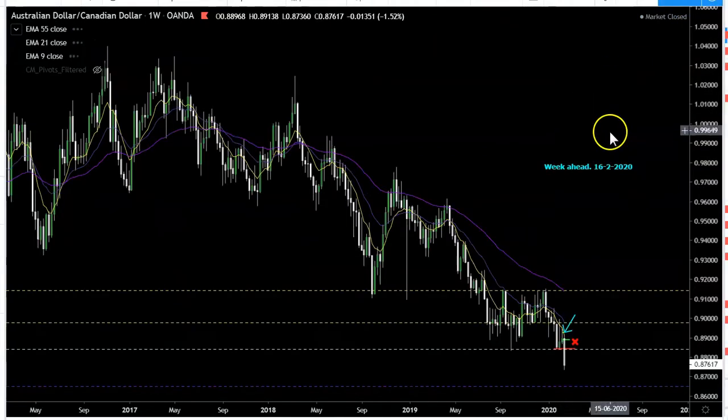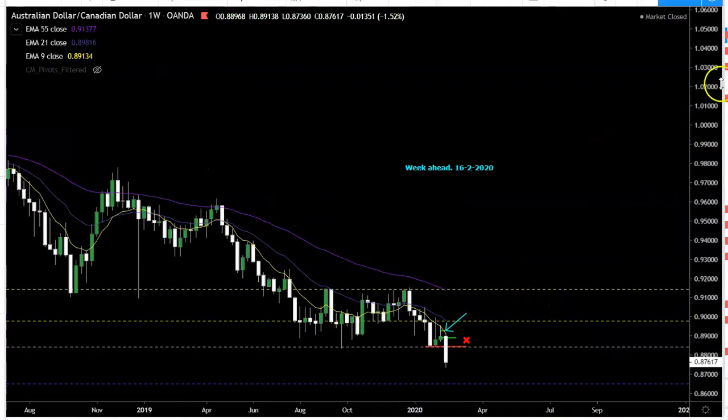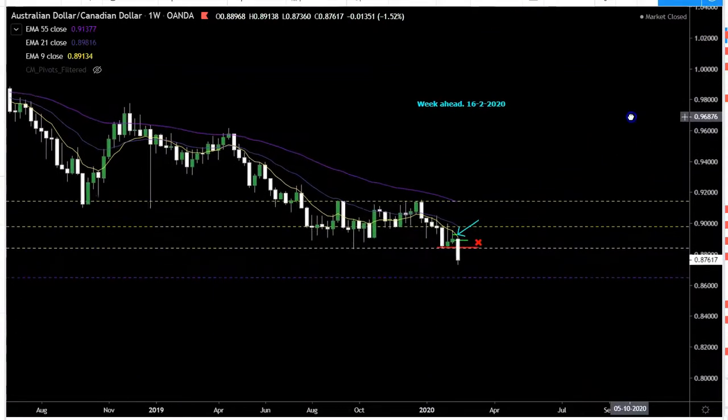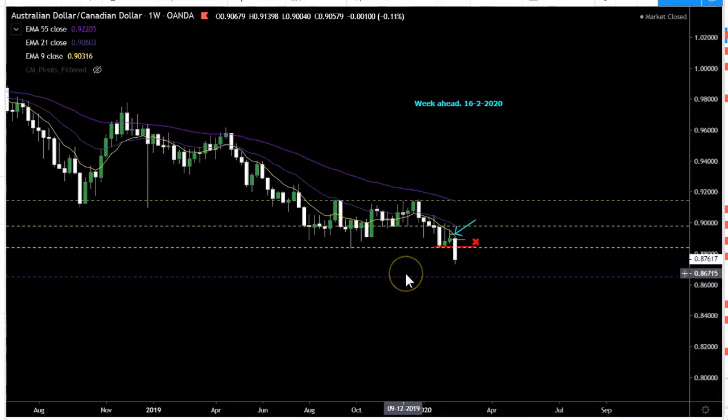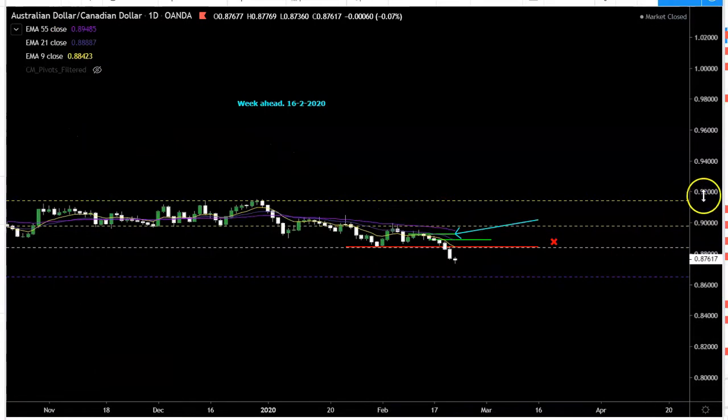We had an interesting week last week, and I want to start with the Aussie pairs. We'll start from the Aussies and go right through. Last week we talked about whether this was going to be a bottom or not on the Aussie CAD.